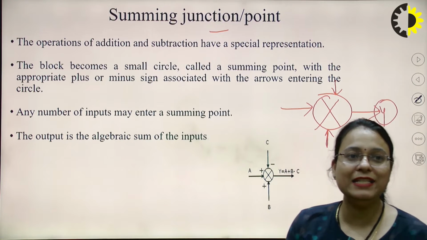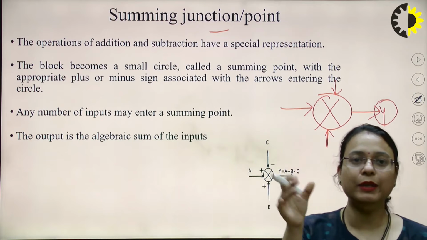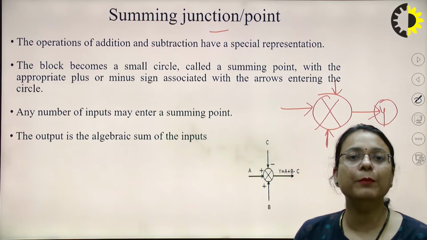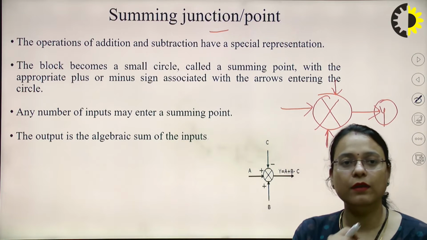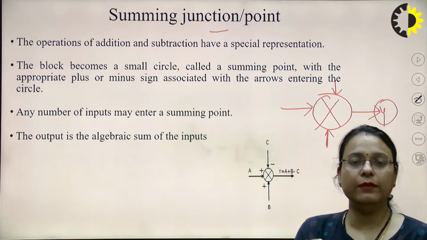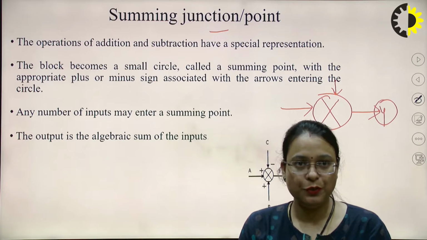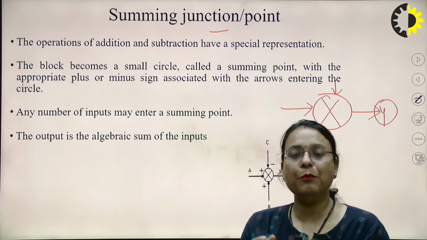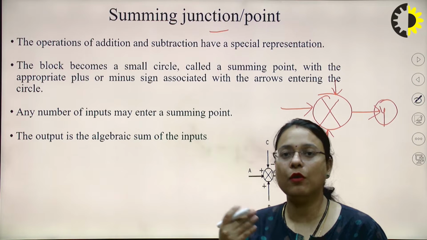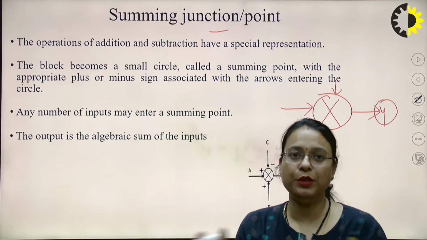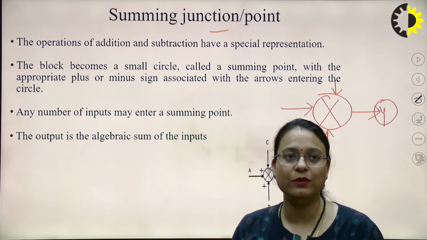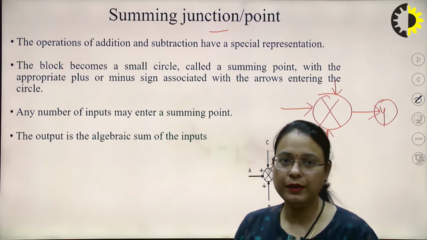It is the algebraic sum of the inputs applied to this particular summing point. It depends upon the signs. With the help of summation, we can perform the operations of addition, subtraction, or a combination of both addition as well as subtraction, right?